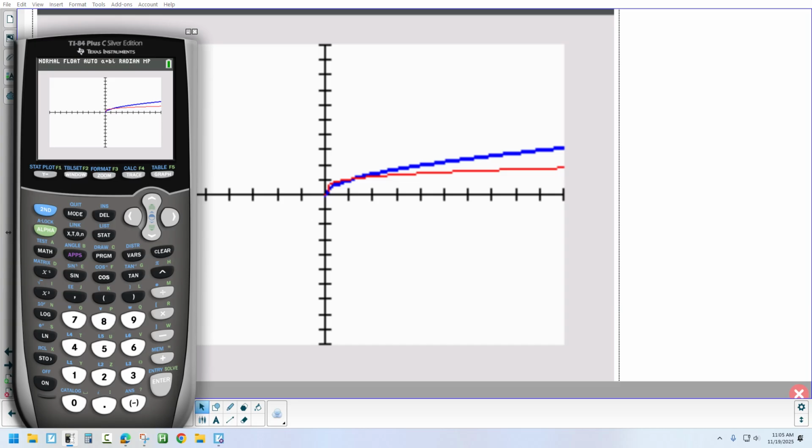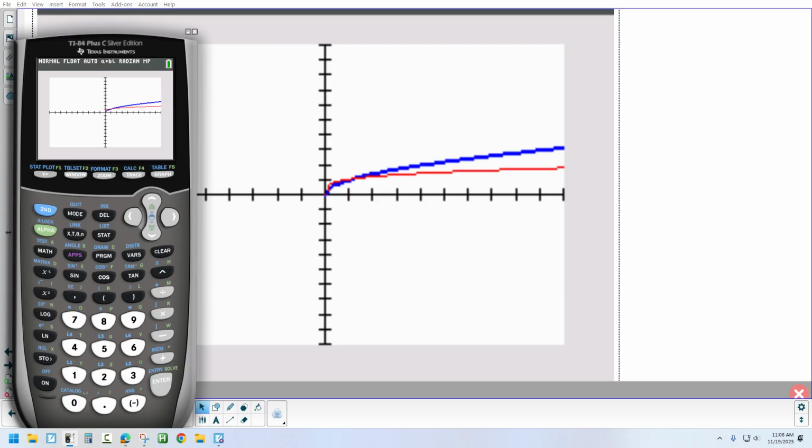It might be easier if I made it bigger. Close to 0. The red one is under the blue one after 1. Yeah. After the number 1, the red one is under the blue one. Before 1 and between 1 and 0, the red one is above. And if I zoomed in more, you'd see it better, but it is above.